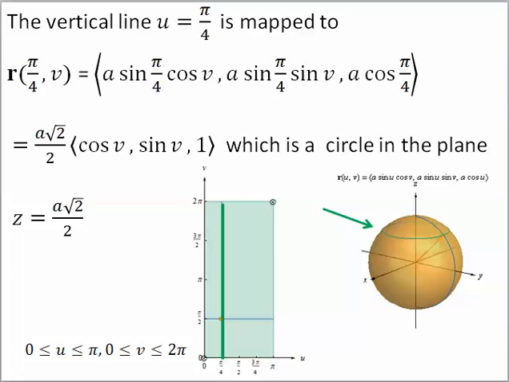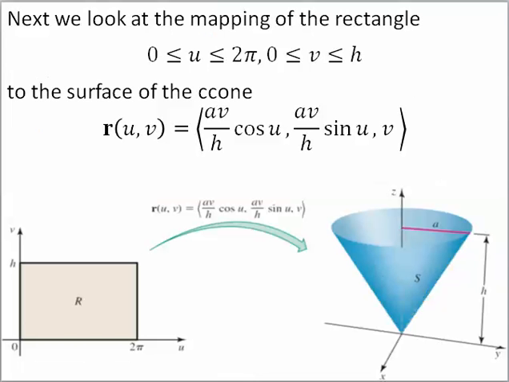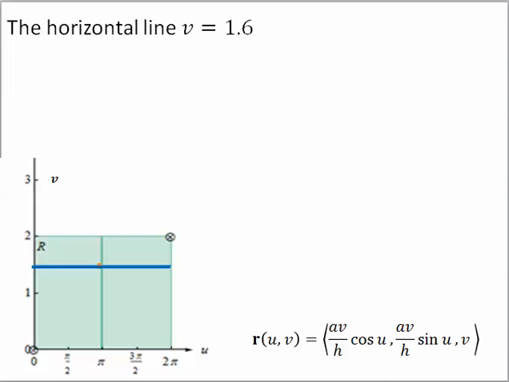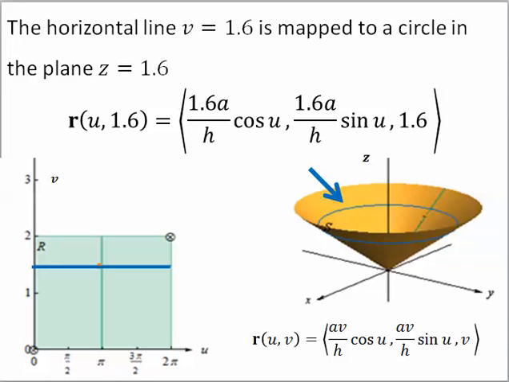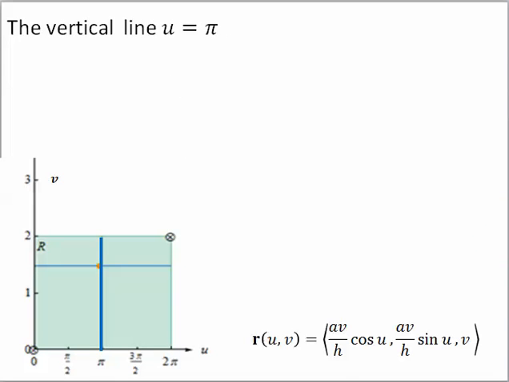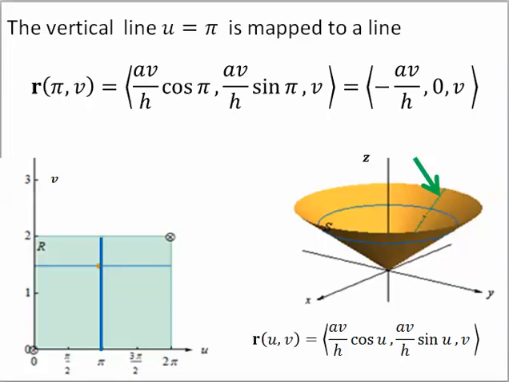Another example is the mapping of a rectangle to a cone. A horizontal line v equals 1.6 gets mapped to a circle, and a vertical line u equals pi gets mapped to a line that starts at the vertex of the cone and runs up the side of the cone.